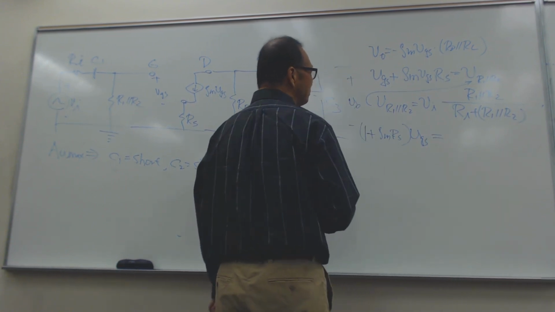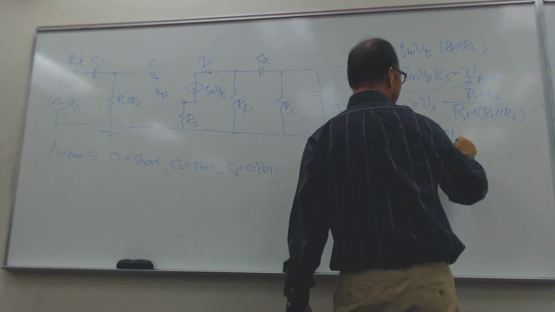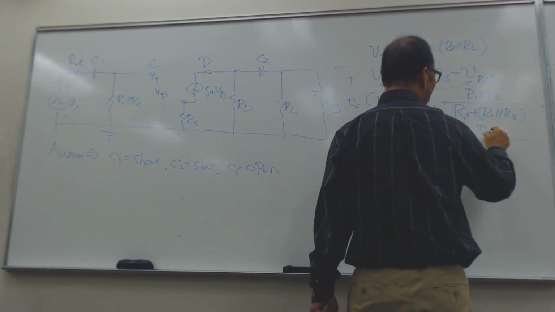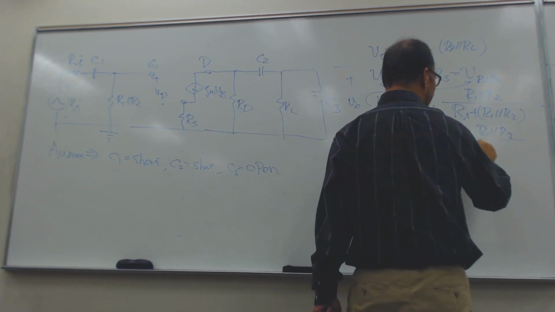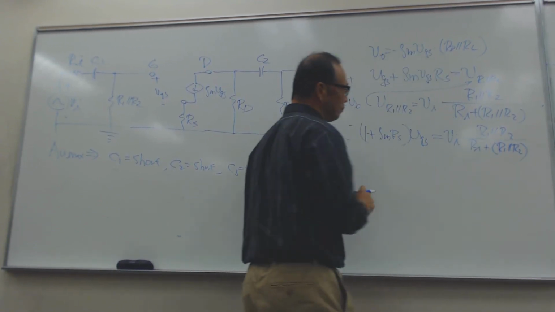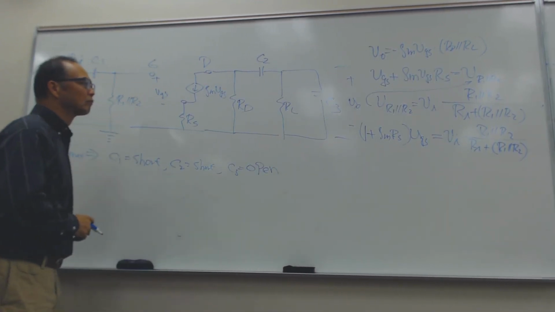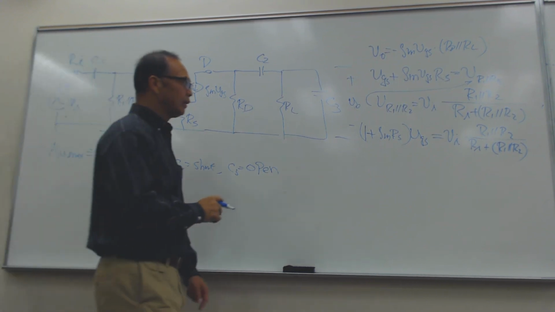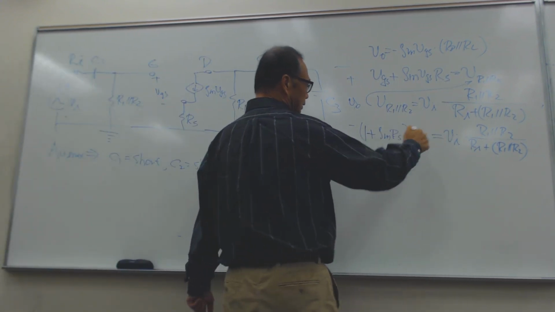Equal to V sub I R1 in parallel with R2, R sub I plus R1 in parallel with R2, right? Okay, and I can put V sub I on one side.